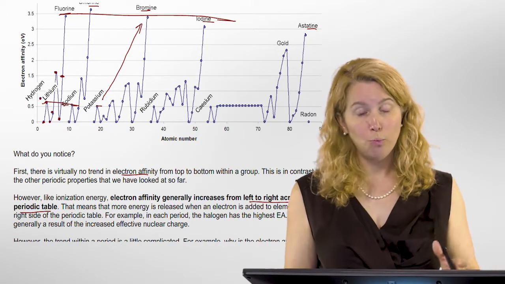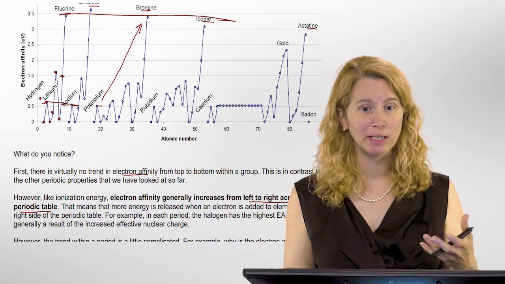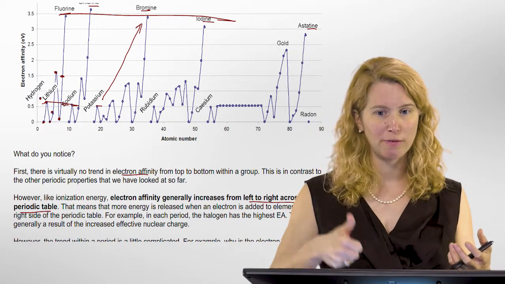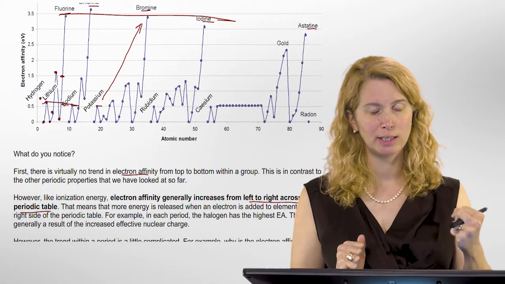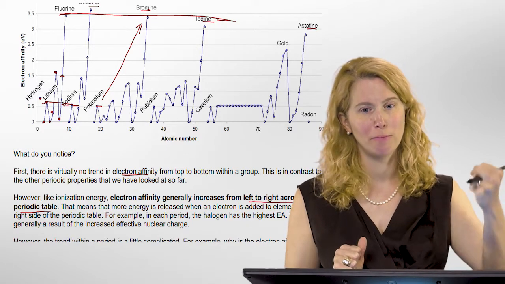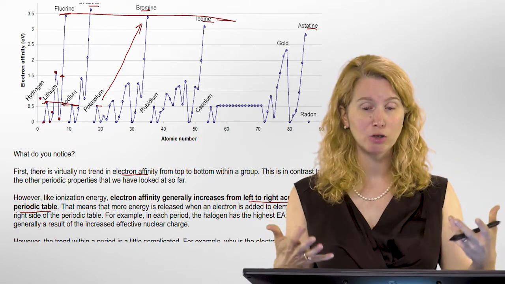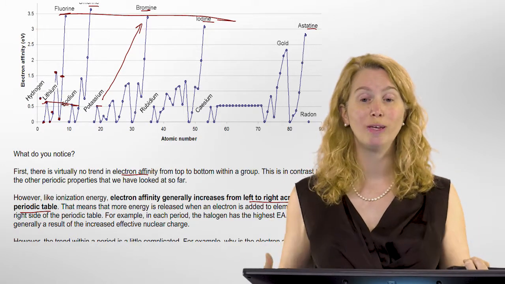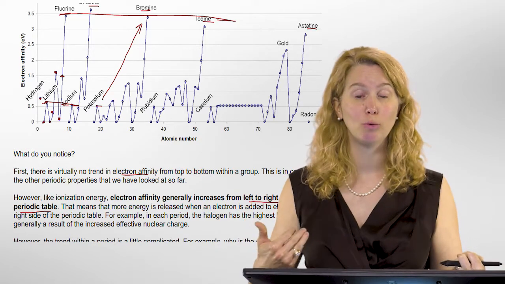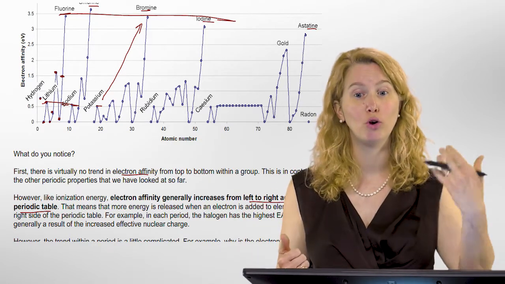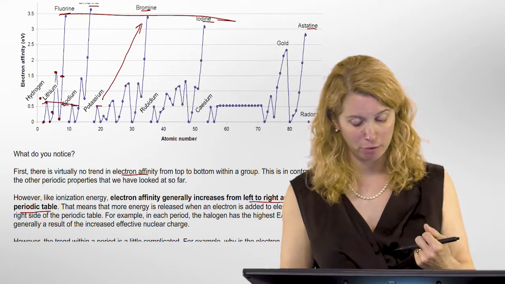In the case of ionization energy, what this meant is you need to put more energy into a system to take an electron away from a halogen than you need to put into the system to take an electron away from the alkali metal in the same period. But this increase in electron affinity means that you gain more energy when you put an electron into a halogen than when you put an electron into an alkali metal.